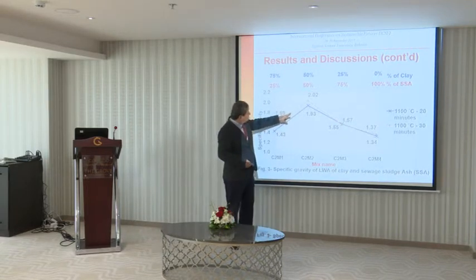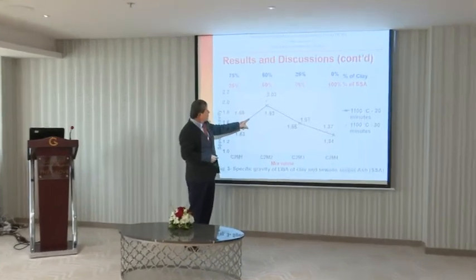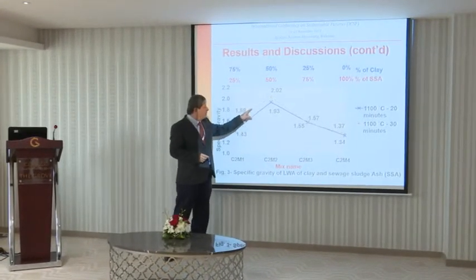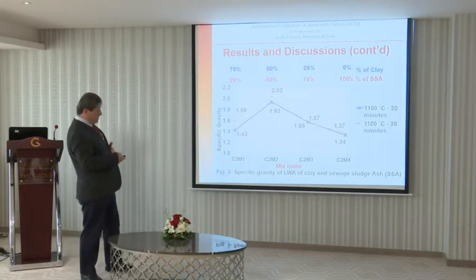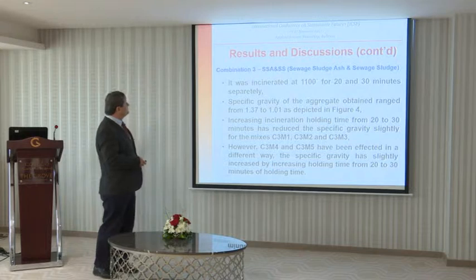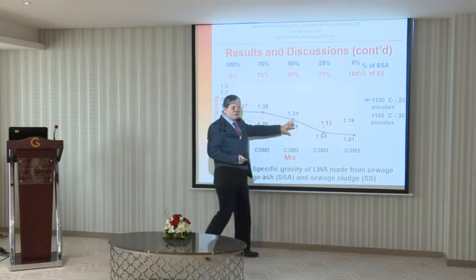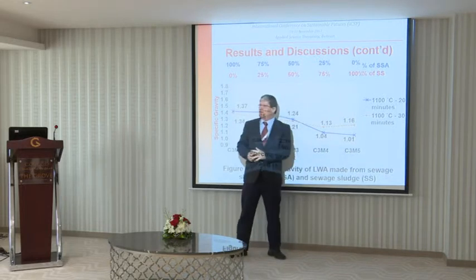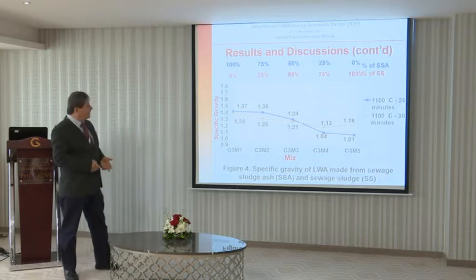This orange color, as you see, is 20 minutes, and this is 30 minutes, 20 minutes of holding time at this temperature. And in the third case, this is the situation. So here, 101 is the lowest specific gravity we obtained from those mixtures.